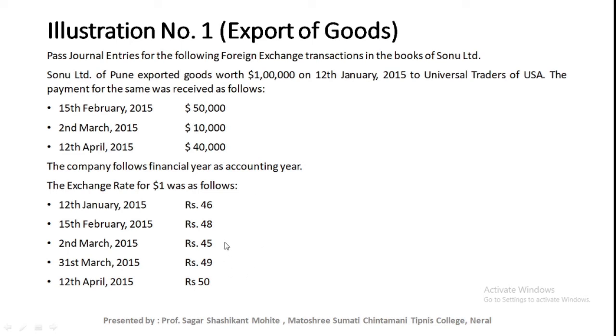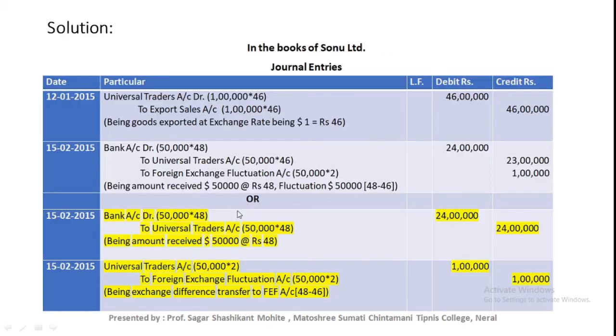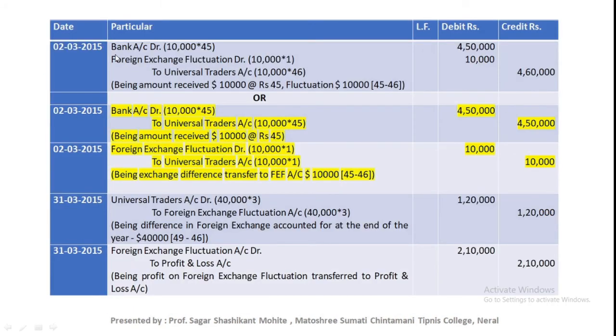On that date, the rate of exchange is rupees 45 per US dollar, and our base rate of exchange was 46 rupees per US dollar. That means we are going to receive less amount: instead of 46, only rupees 45 per US dollar. That means we will suffer a loss due to this transaction.